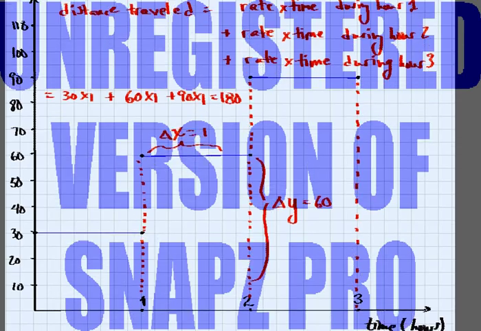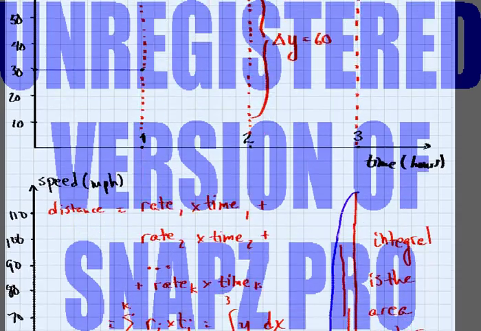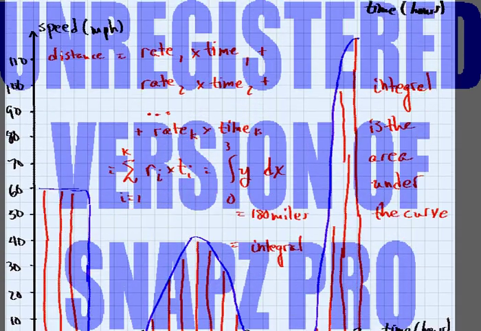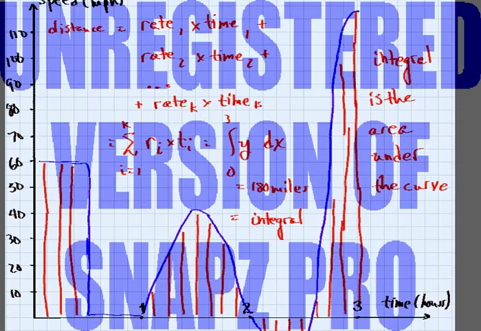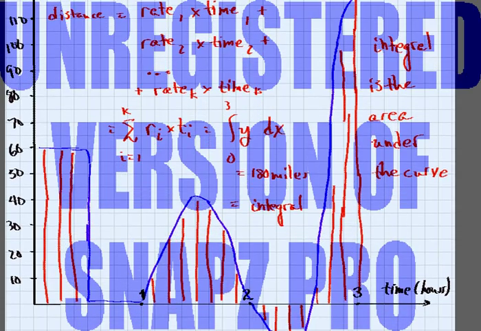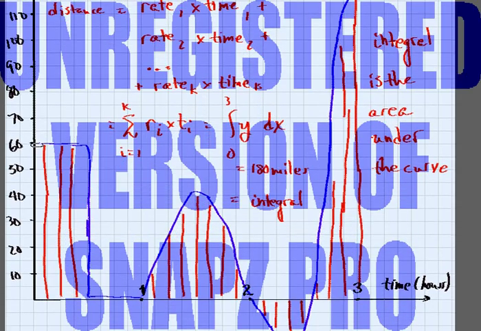All right, let's get to the real example. Now here we have the most complicated motion. We started out going pretty fast, and then we stopped at Wendy's, so our speed goes down to 0. We're just marking time here. Then we take off, and then we decide to take what we thought was a shortcut, but in fact proves pretty bad.